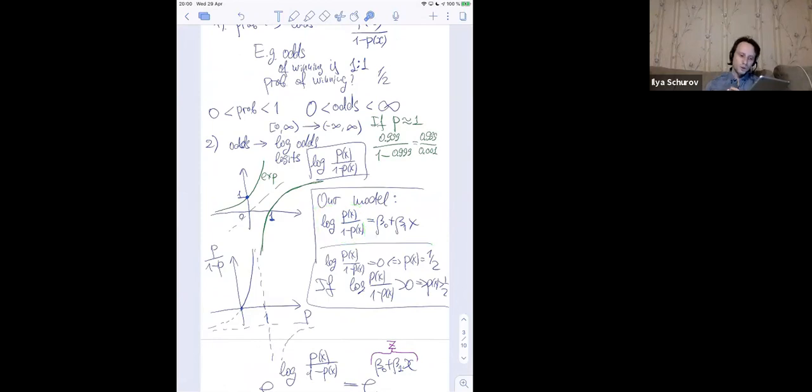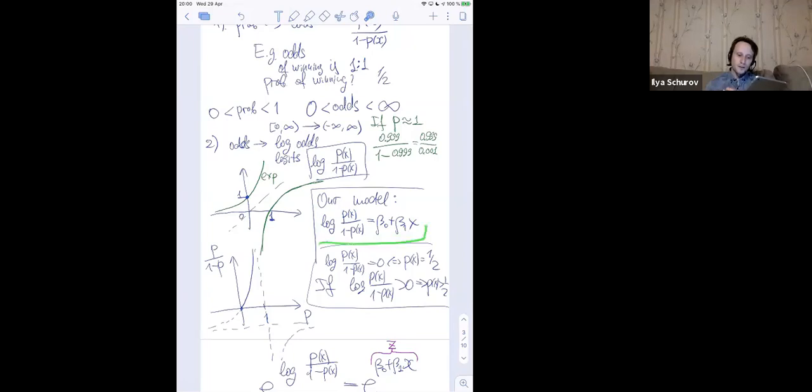Why did we choose this function here? It is just some convenient way to do it. I don't have a very good answer to this question. Why did we have a linear function here? Just because linear functions are nice and we understand their properties.